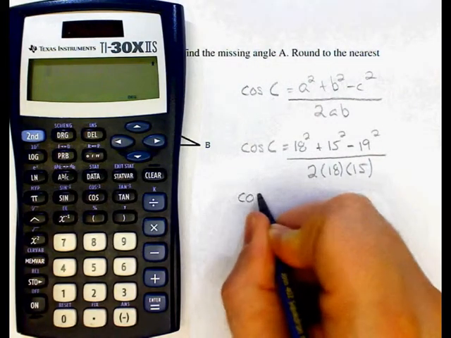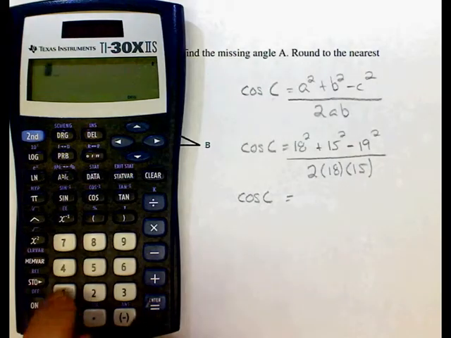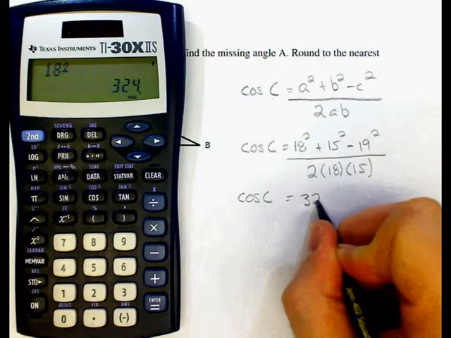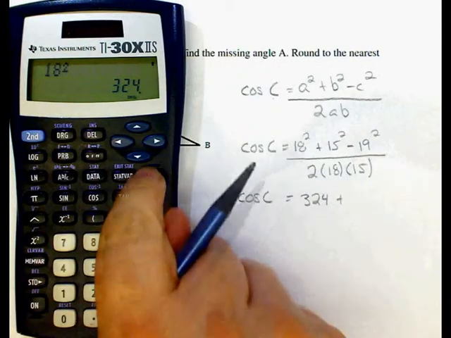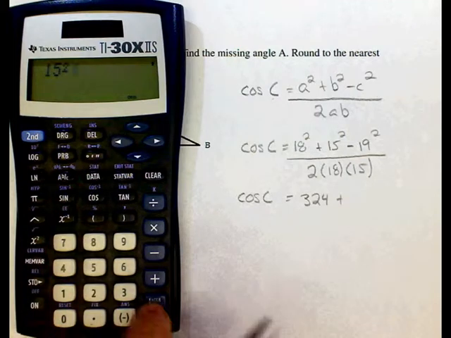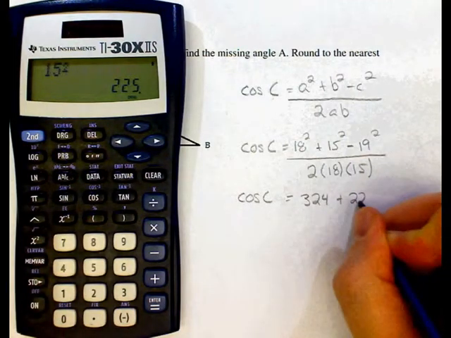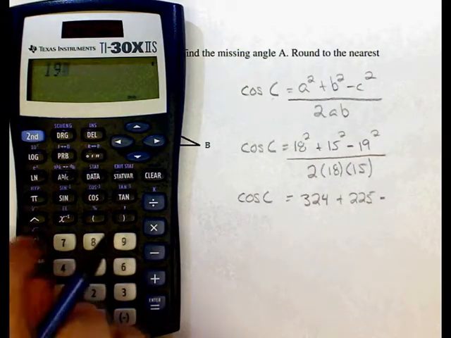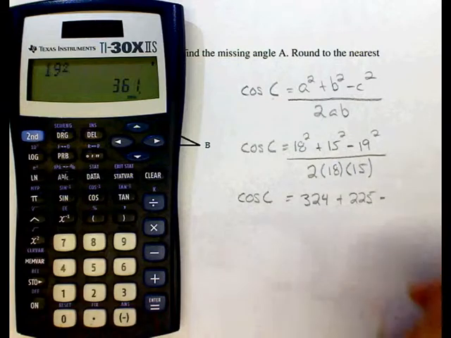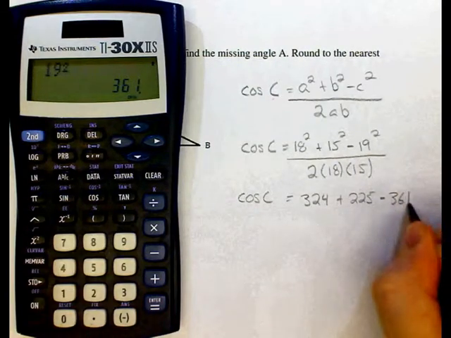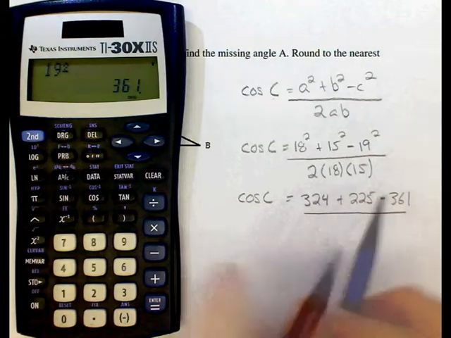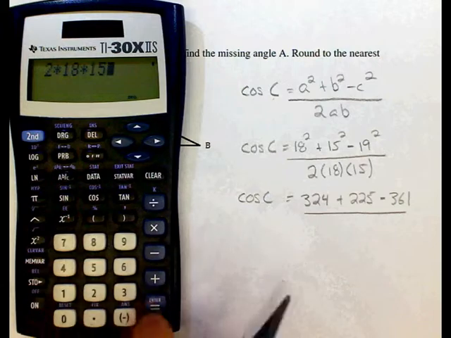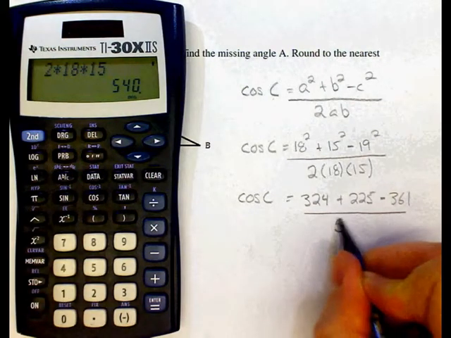Cos of C equals 18 squared, 324, plus 15 squared, 225, minus 19 squared, 361, all divided by 2 times 18 times 15, divided by 540.